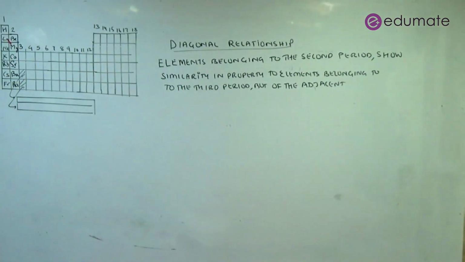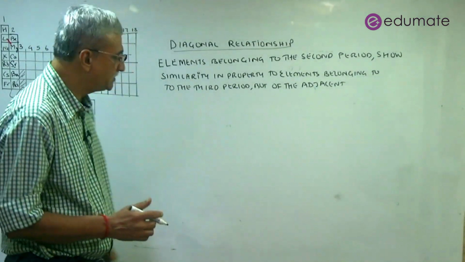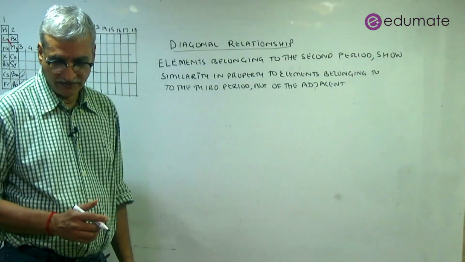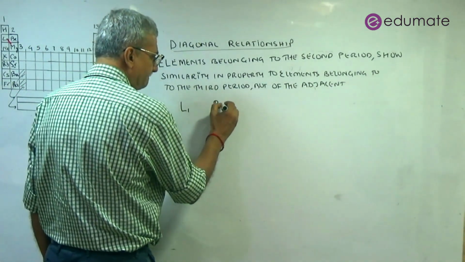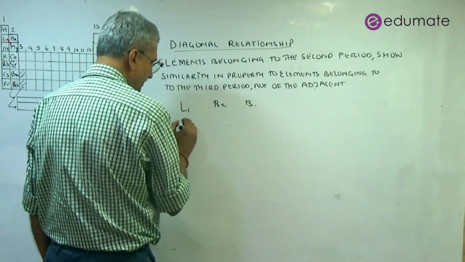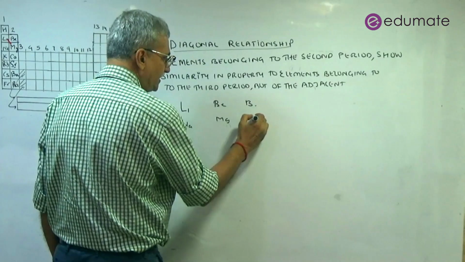So as you can see over here, this red line shows in our example, lithium will show diagonal relationship with magnesium. So many properties of lithium compounds are going to be similar. You have lithium, beryllium, boron, and over here sodium, magnesium, aluminium.